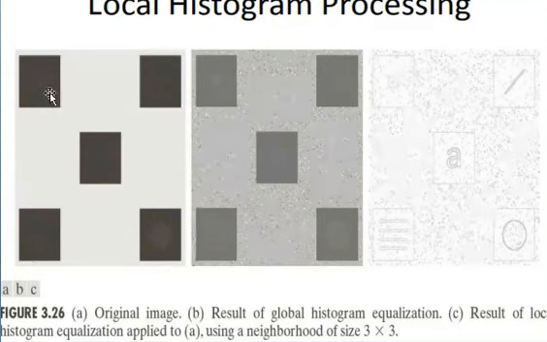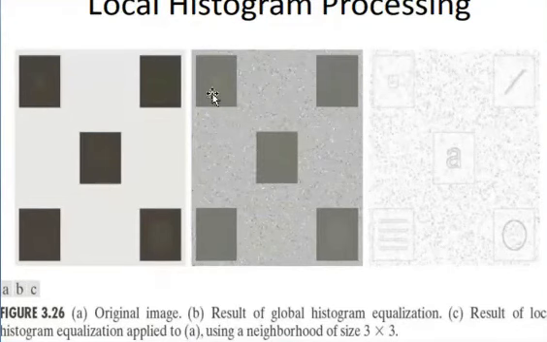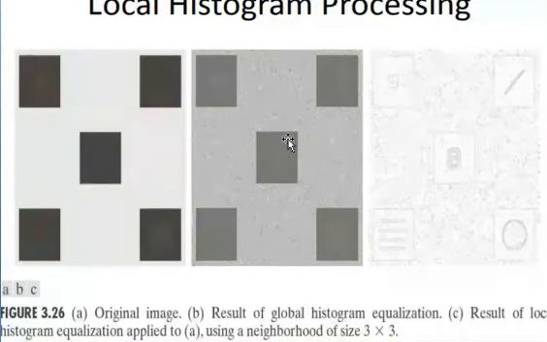Some objects are there in this one. If I apply global histogram equalization, I can get an image like this. The method is not useful in this case.